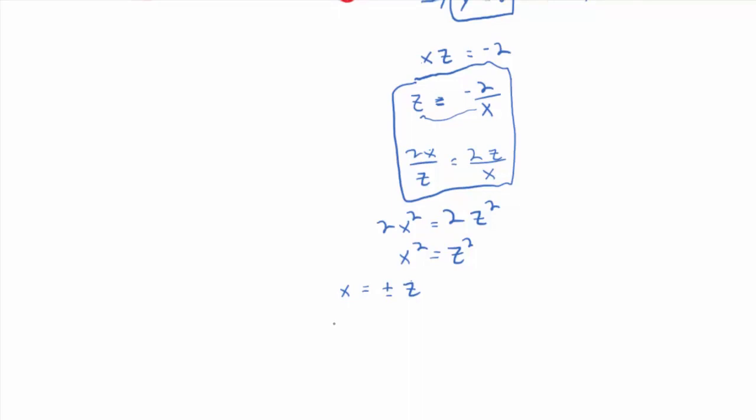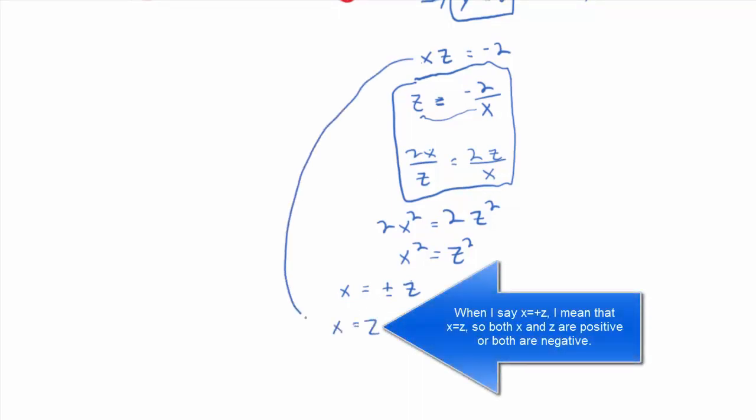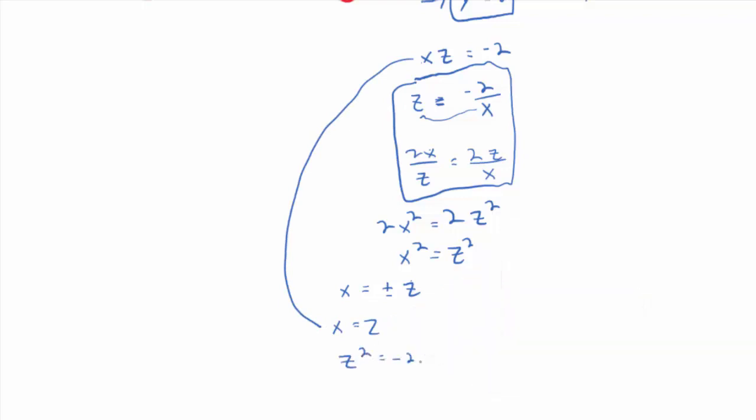So if x equals plus z, we get x squared equals negative 2. That's a contradiction. We're not going to allow imaginary numbers here. What if x is equal to negative z? So that would be negative z squared, the opposite of z squared, is equal to 2.